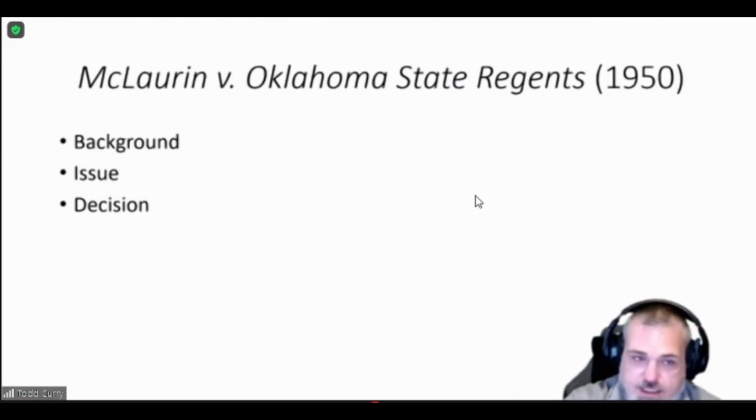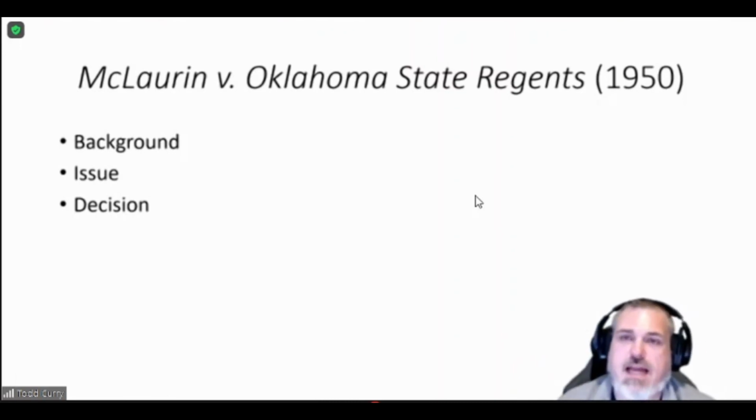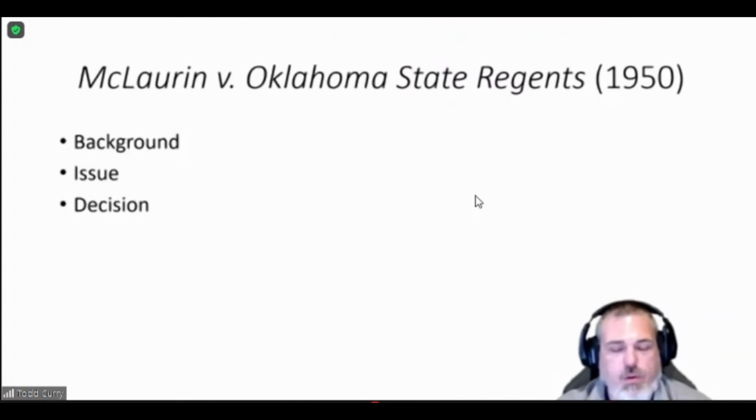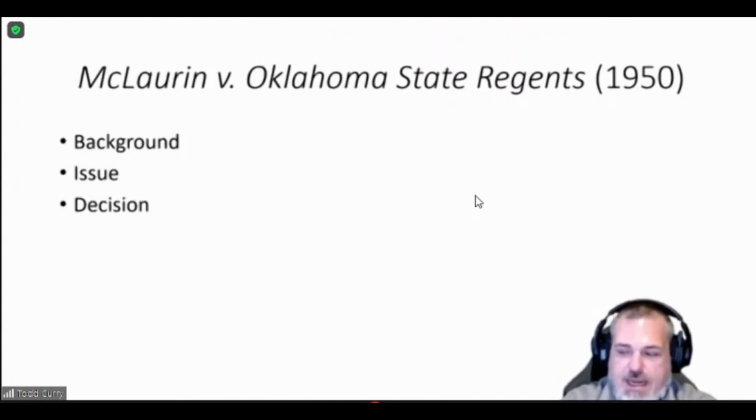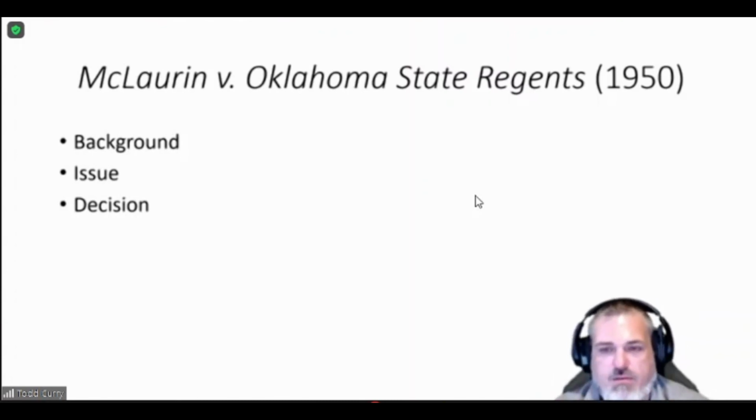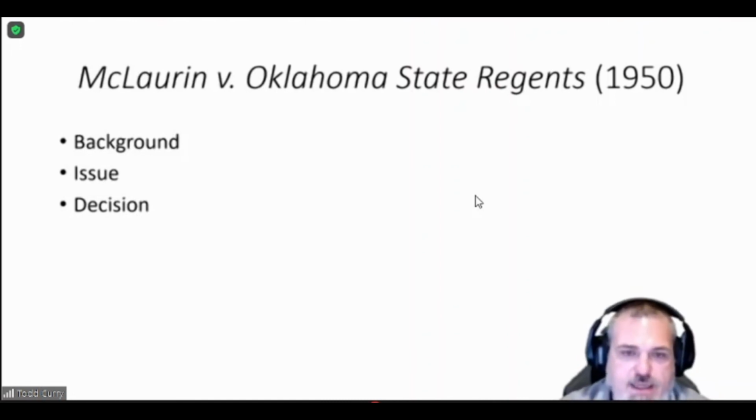Then, just like happened in this case, just like happened in Sweat v. Painter, you stack on these intangible qualities as well. And so we now have a buttress of precedent demonstrating that separate but equal in these graduate and professional schools at the highest levels of higher education are inherently unequal if there's any form of segregation going on.